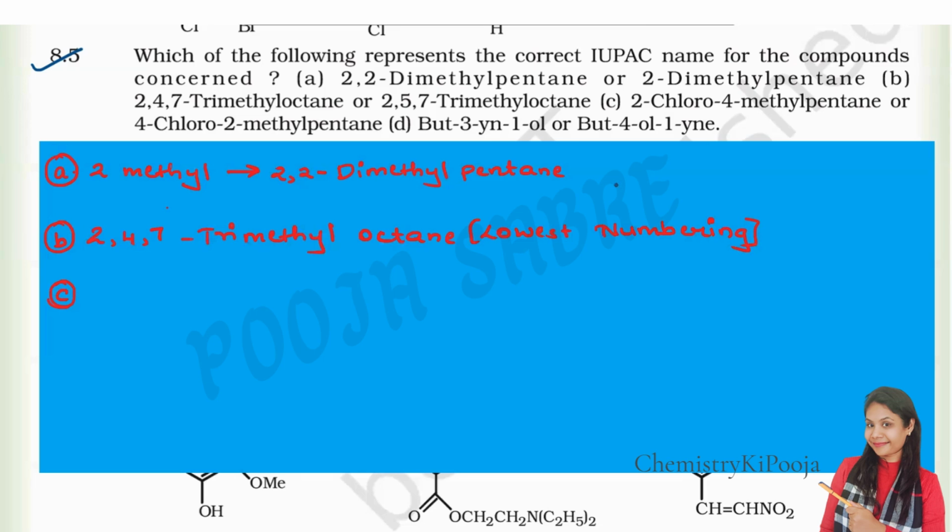Now, over here, the mistake made is that the chloro group and the methyl group, if I look into the chloro group, it comes alphabetically first, right? So, if there is a tie, as I said, there will be a tiebreaker. And the tiebreaker in this case is, since chloro comes alphabetically first, the lower numbering should be given to chloro.